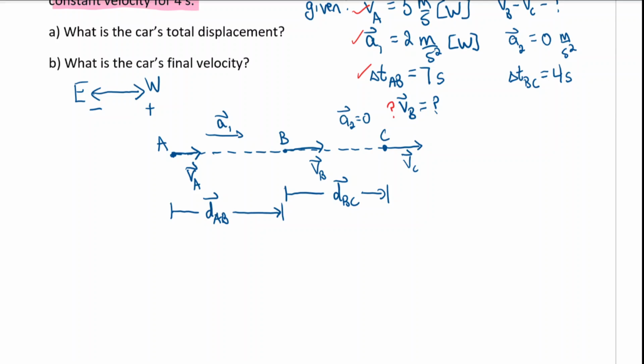So we have initial, acceleration, time, and final. It turns out it's just the typical acceleration equation, just rearranged. It's this one here. V final equals my V initial plus my acceleration times time.